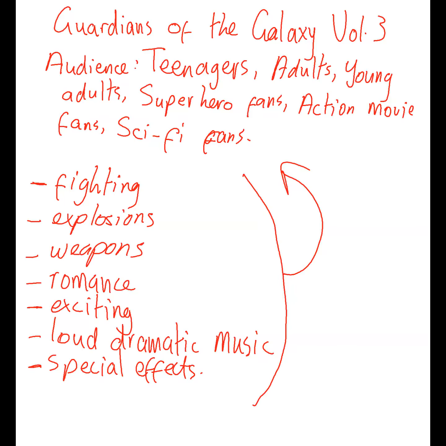So that comes back to our initial definition of persuasion, which was trying to convince people to believe an idea or to take action in a way that we want them to by pointing out the good reasons. So here are all the good reasons listed why these people at the top should go and see this movie.